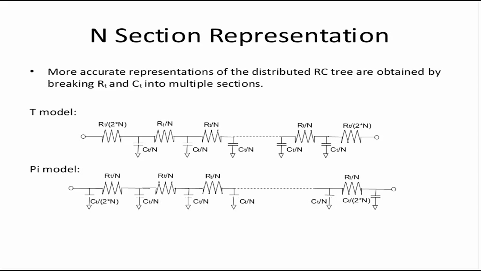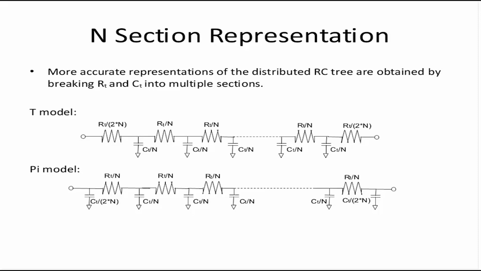When you keep increasing the value of N, it keeps on becoming more and more accurate. But obviously there has to be some limit, because the more sections you have, the more compute intensive it becomes. So again it has two models, T model and pi model. In both the models, CT is divided into CT by N, and RT is divided into RT by N.